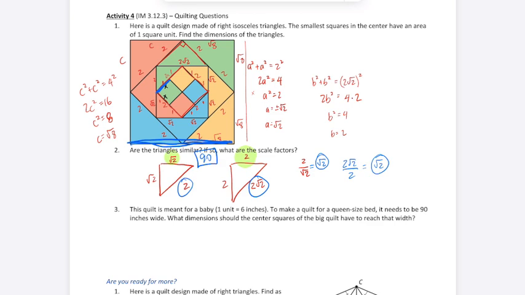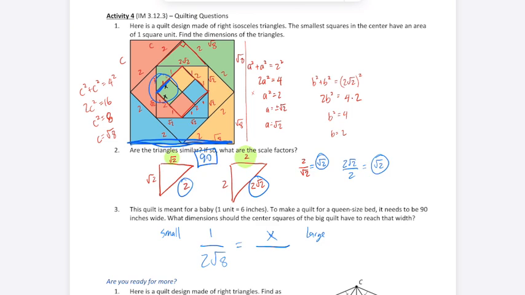So currently for the small quilt, the one we currently have, we have 1, which is this one, over 2 root 8, because the entire width is root 8 plus root 8, which gives us 2 root 8, is equal to, and then this is the large one, the one that we're going to make for the queen size bed. So x is what we want to know, because we want to know how big the side length will be of the small square.